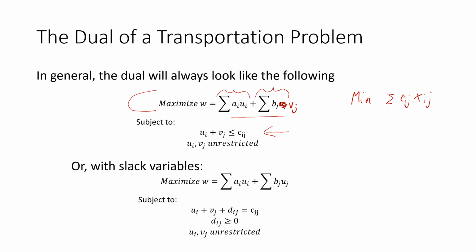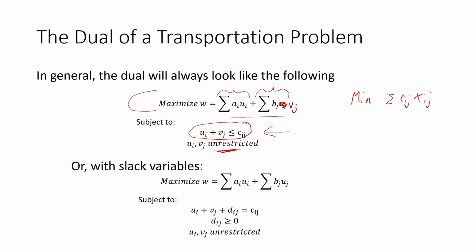So when you are looking at the constraints, you are going to get constraints that look exactly like this. And you are going to get that your ui and vj are unrestricted. Because we started with equalities for our constraints, we're going to end up with unrestricted variables. Now I deliberately put this down as ui's and vj's because these are exactly the ui's and vj's that you calculate when you use the UV method.